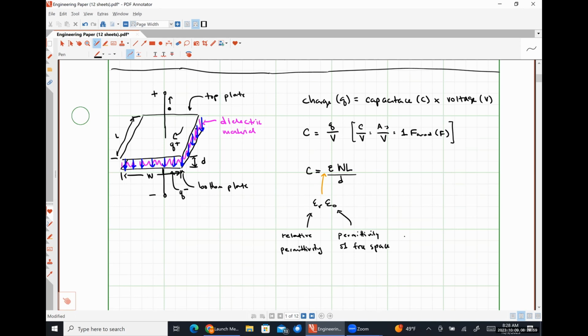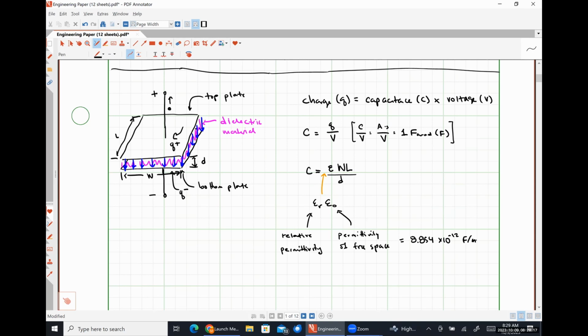The permittivity of free space has a value of 8.854 times 10 to the negative 12 farads per meter. And then everything else is measured relative to that.